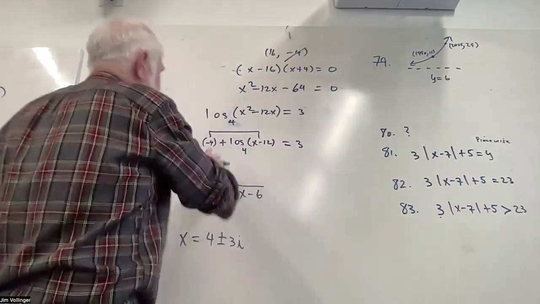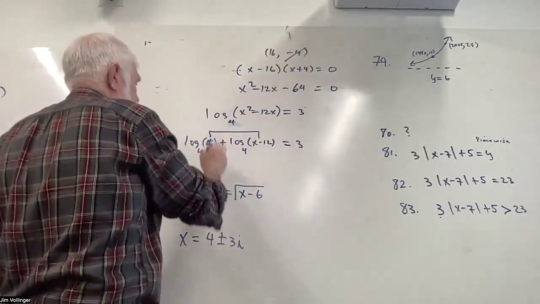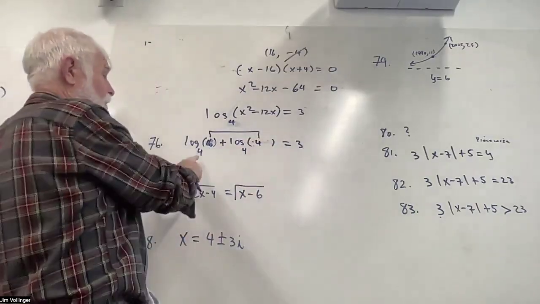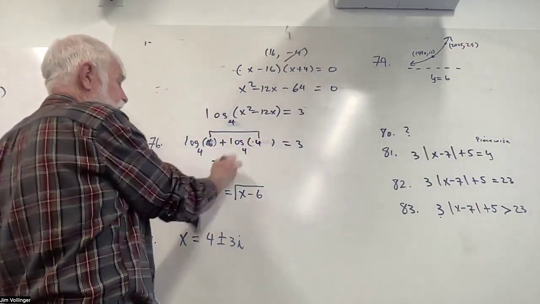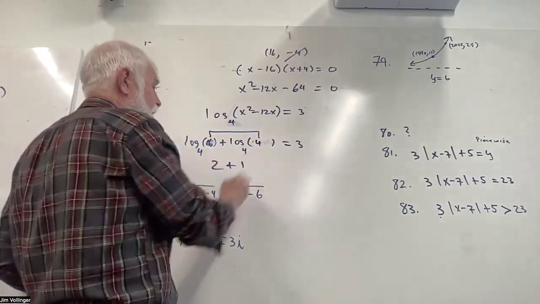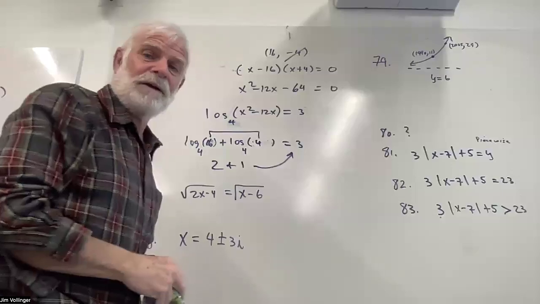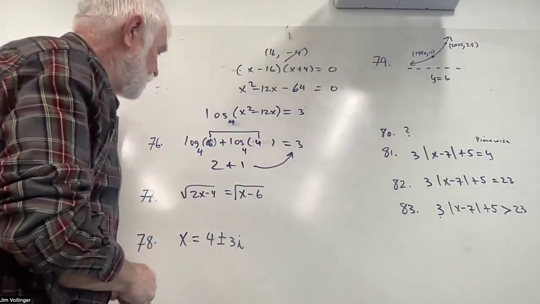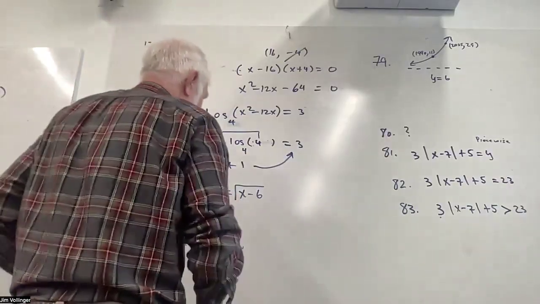Plugging in 16 isn't a problem. And 16 minus 12 is 4. And now I can see that what do I put on top of a 4 to get a 16? And if I add that to what I put on top of a 4 to get a 4, I think I've got a correct solution. All right, let's do this one quickly. Square root, square both sides.